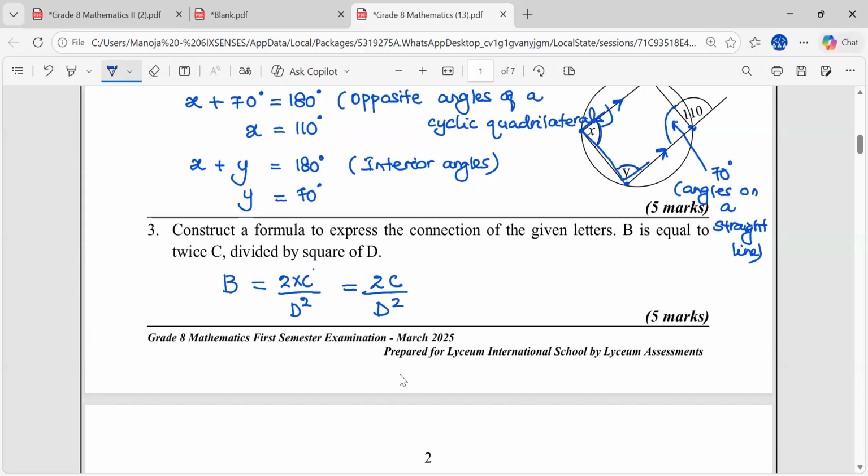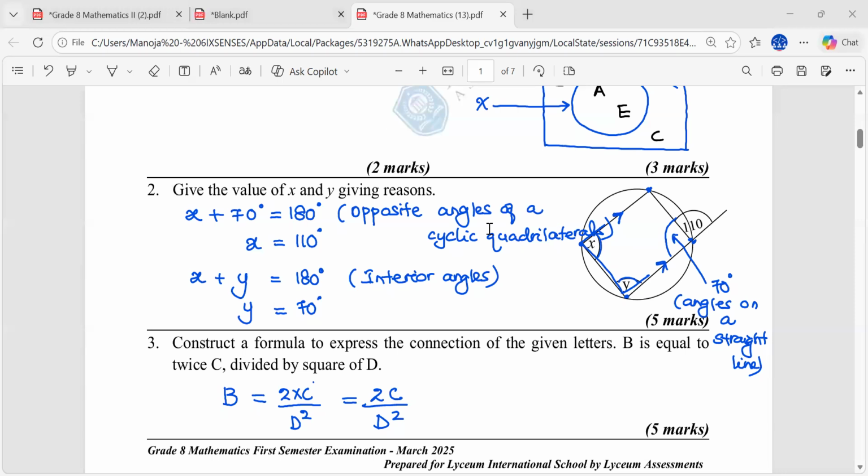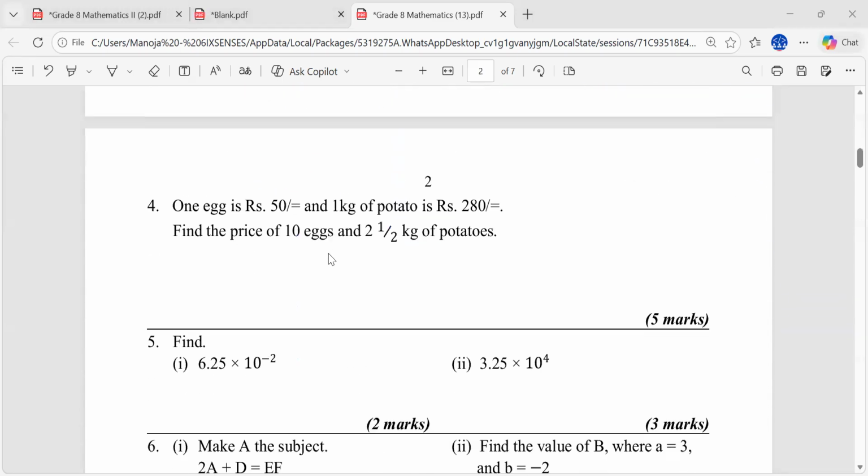I repeat, see whether it is correct: B is equal to twice C divided by the square of D. Right, so we will move to question number 4.